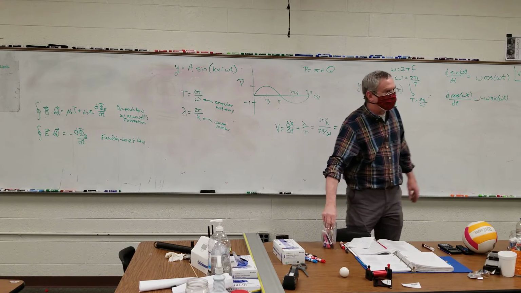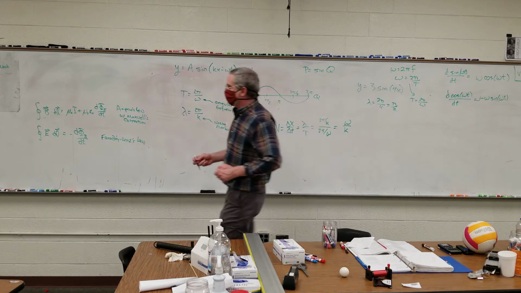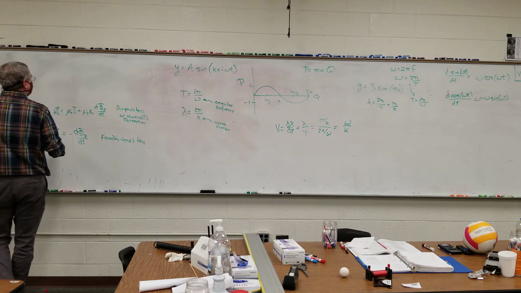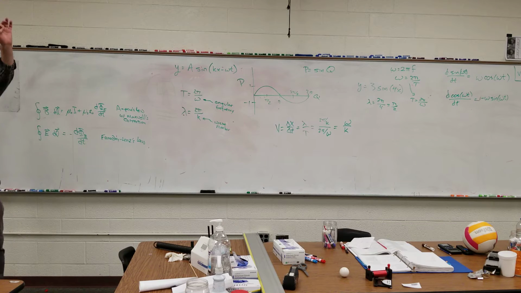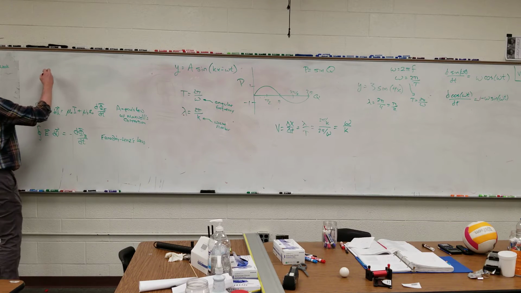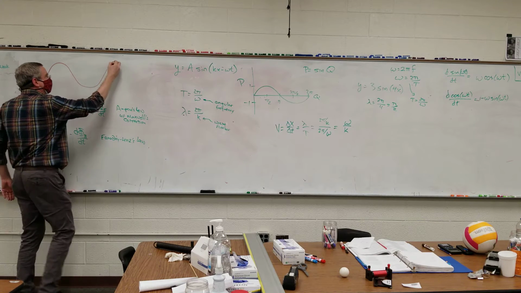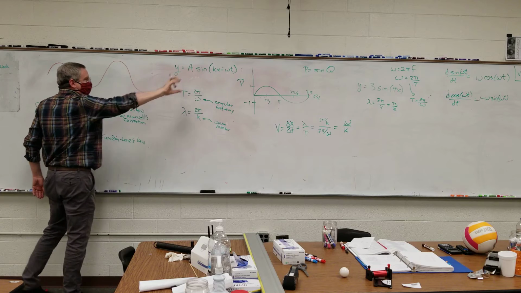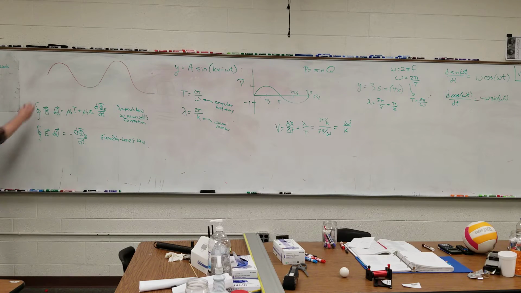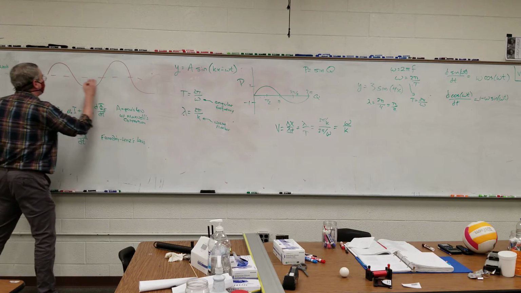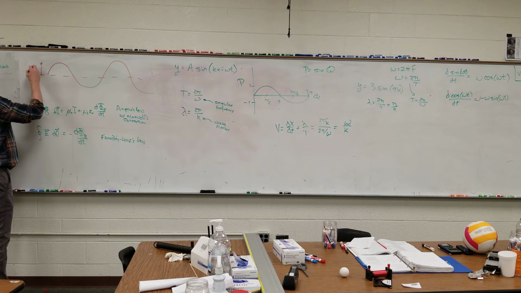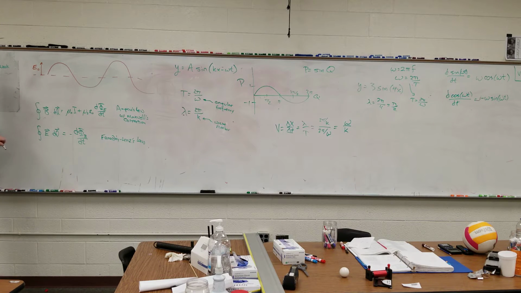Now you get to see a three-dimensional drawing on a two-dimensional board by me. So as I create this moving electric field, I have an electric field that's oscillating back and forth and is propagating outwards. This is what is called the amplitude E sub naught. The magnetic field that is created from that is perpendicular to it.